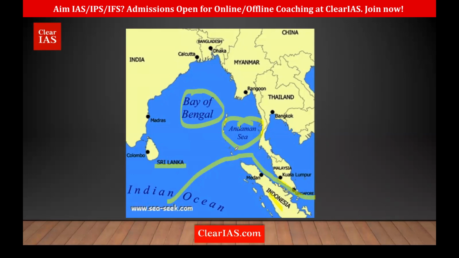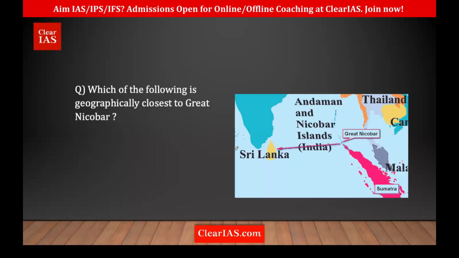Why I'm emphasizing this is that there was actually a question: which of the following is geographically closest to Great Nicobar? Sumatra, Borneo, Java, Sri Lanka. This was a UPSC question in 2017. If you don't know this figure, you might think Sri Lanka is very close to India, so there is a chance that Great Nicobar is close to Sri Lanka, but that is wrong.